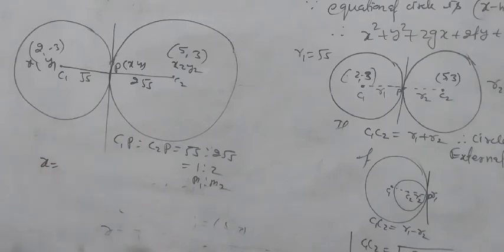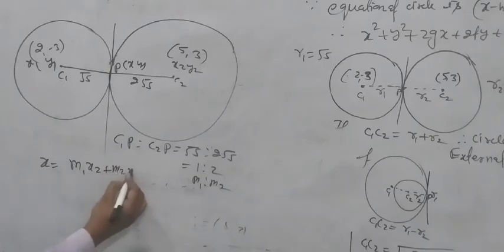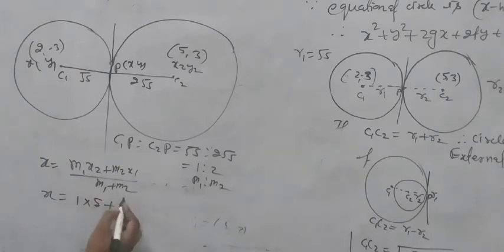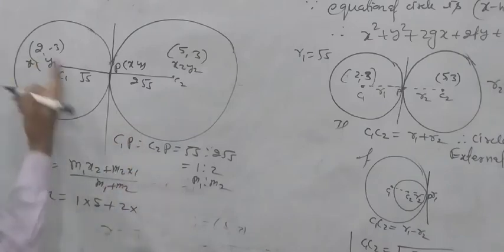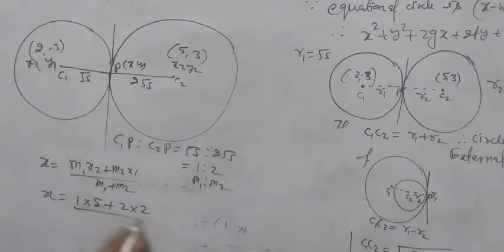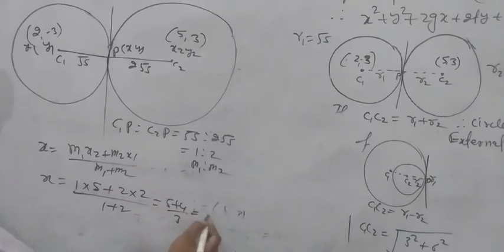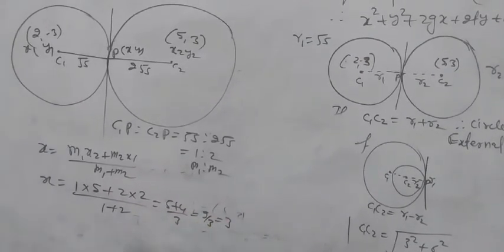We know about the section formula. x is equal to (m1 x2 plus m2 x1) upon (m1 plus m2). x is equal to m1 means 1, x2 means 5, plus m2 means 2, into x1 means 2, upon 1 plus 2. That is (5 plus 4) by 3, 9 by 3 is equal to 3.